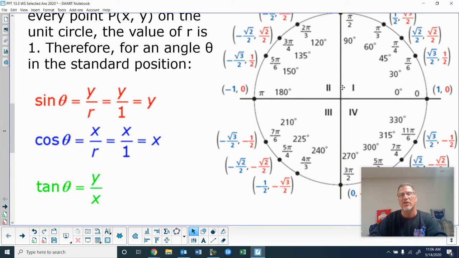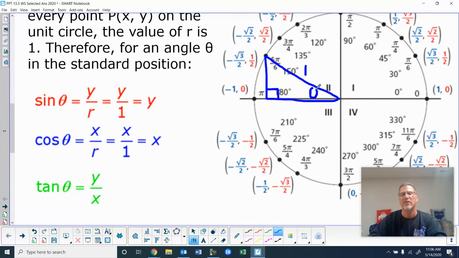Because if I were to draw a right triangle, let's say I draw this right triangle here, out to 150 and straight down. There's my right angle always. The hypotenuse would be 1.